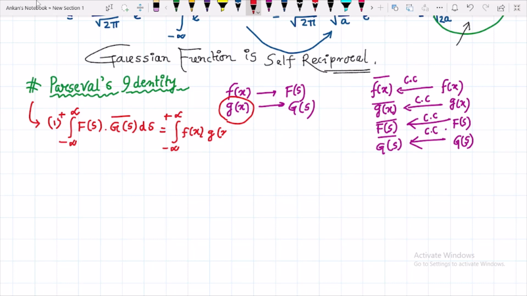Okay, simple, but you have to prove it. I will show you the proof.